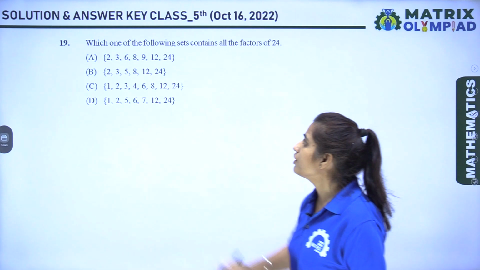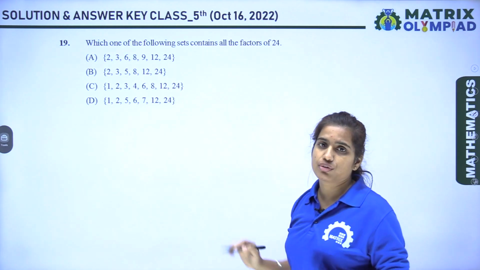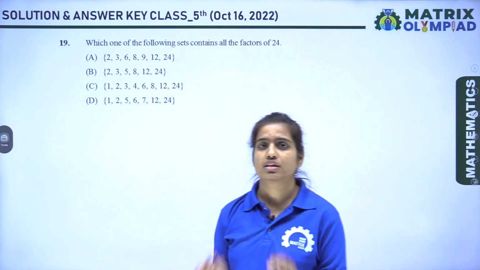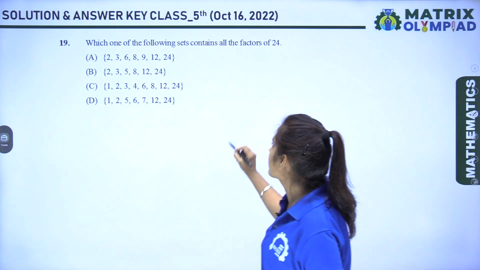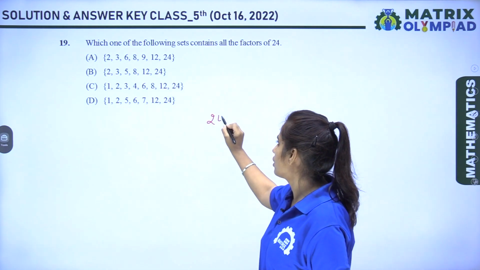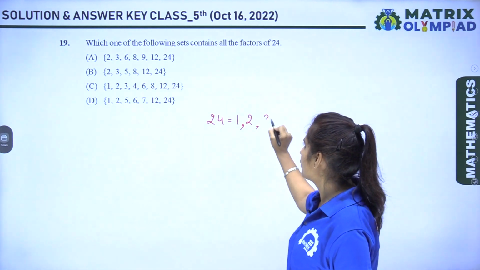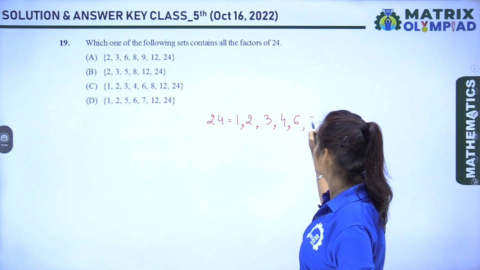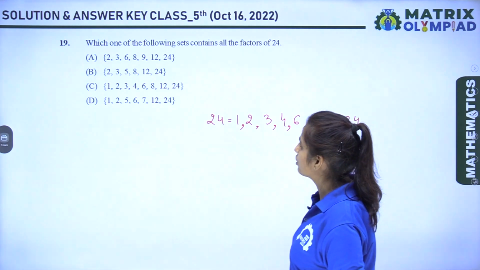In 19th question, we have which of the following sets contains all the factors of 24? Here in this question, you have to find out all the factors of 24. So, we know that the factors of 24 are 1, 2, 3, 4, 6, 8, 12 and 24.